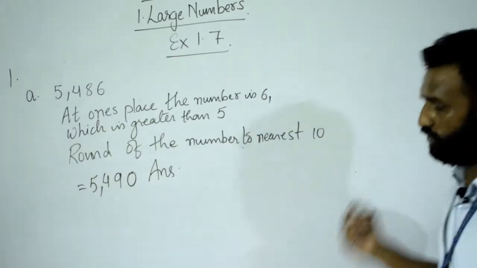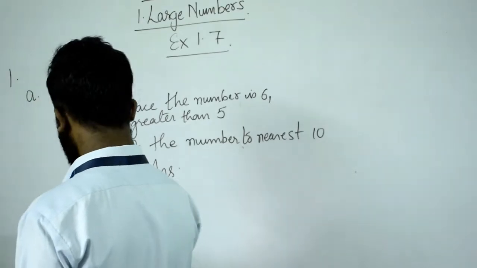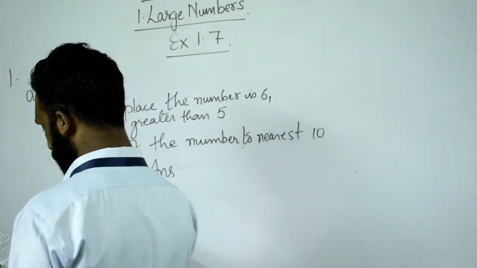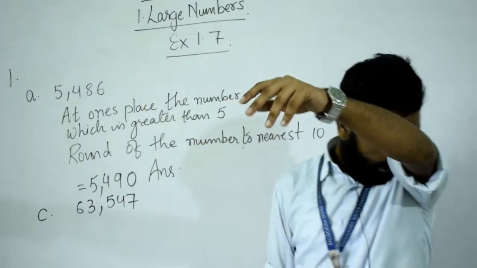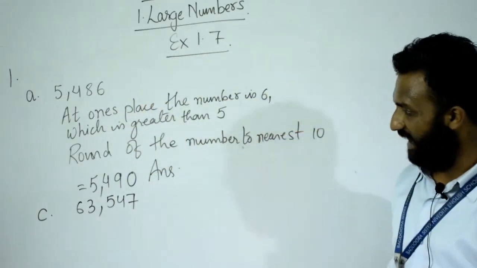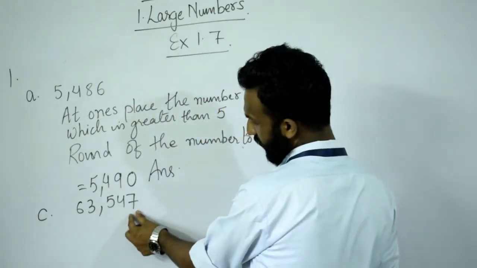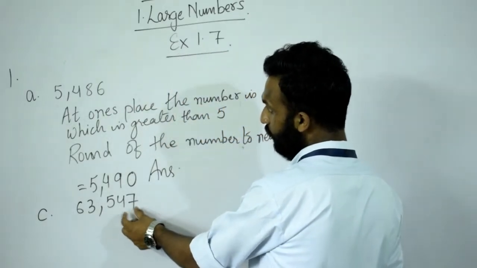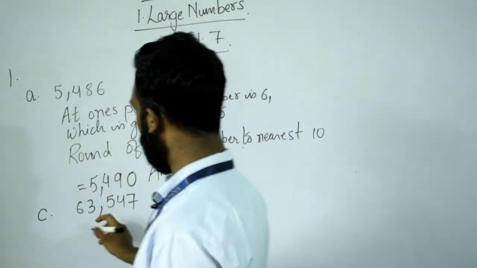Let's do one more question from here, question number 1, that is C. In C we have 63,547. Let's check here also. At the ones place we have 7, which is more than 5. So the same thing we'll do here.